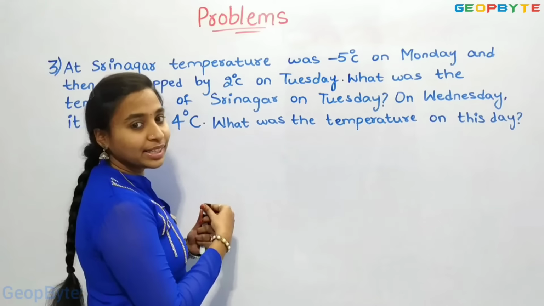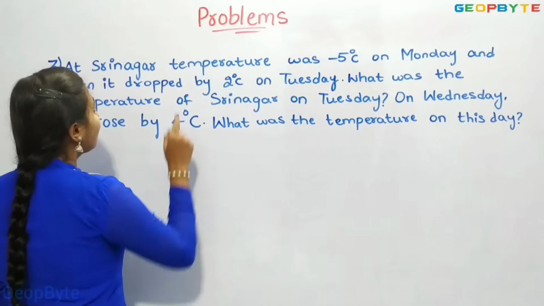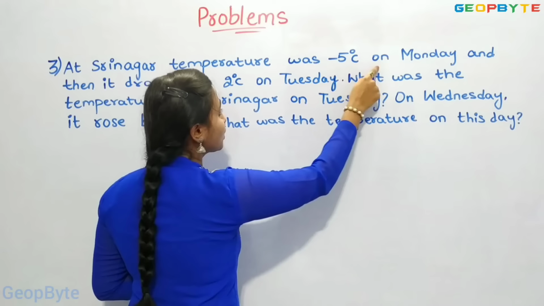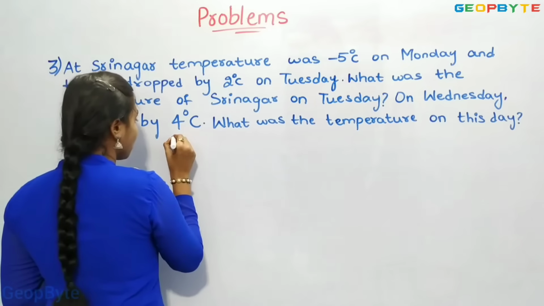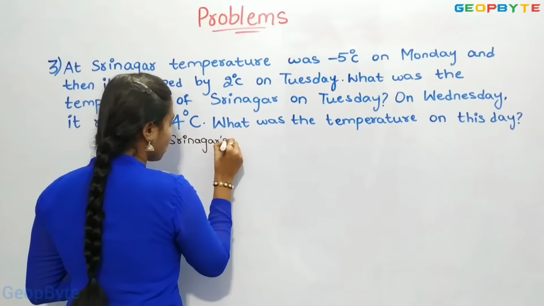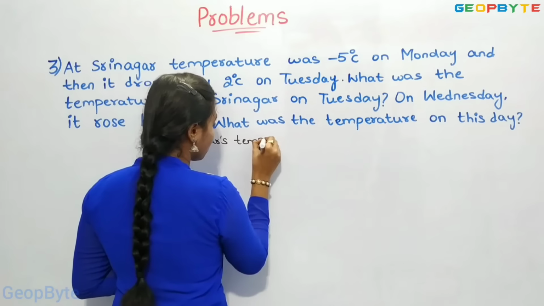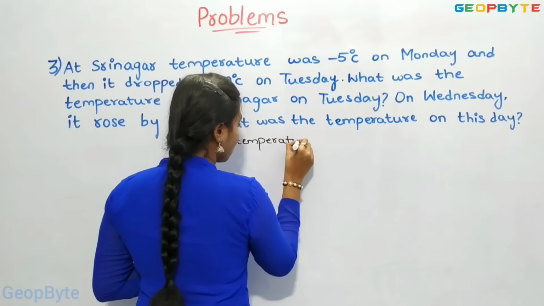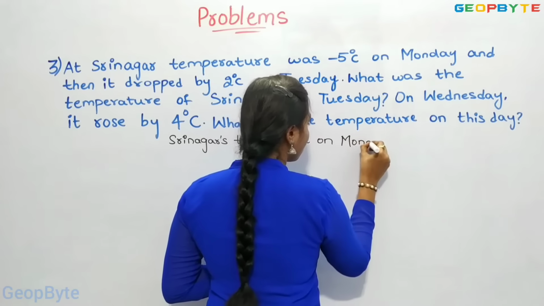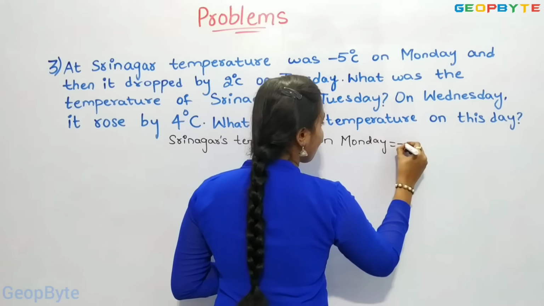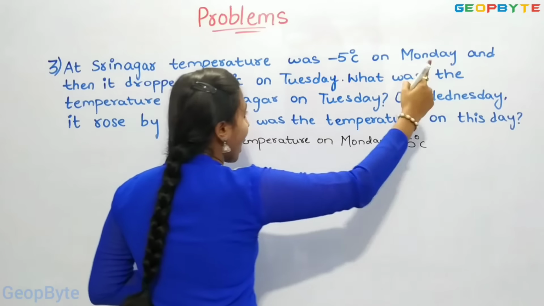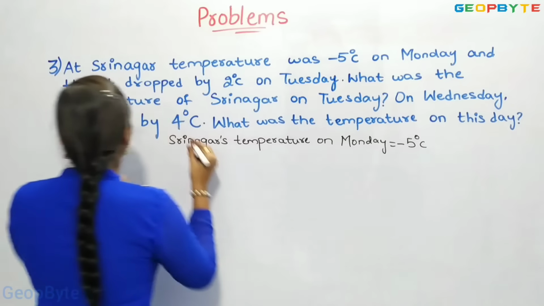Now, let us write the given data. We have at Srinagar, temperature was minus 5 degrees Celsius on Monday. Srinagar's temperature on Monday is minus 5 degrees Celsius. And then it dropped.